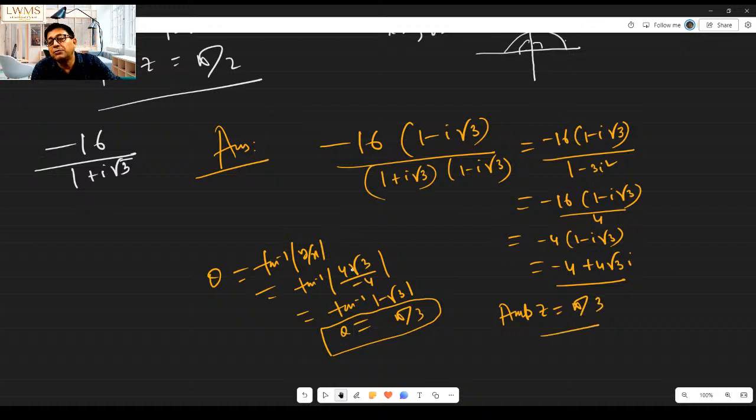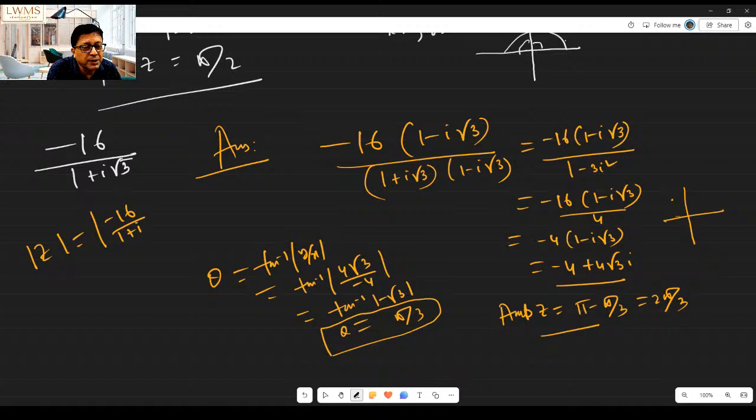Now suppose they have asked you to express this one in polar form. We need amp z. Amp z is correct or wrong? I wrote it, but you had no objection. It is minus 4 plus 4 root 3, which lies in this quadrant. So amp z is incorrect. It will be pi minus pi by 3, that is 2 pi by 3. Clear? And we need to find the modulus. Mod z is what?